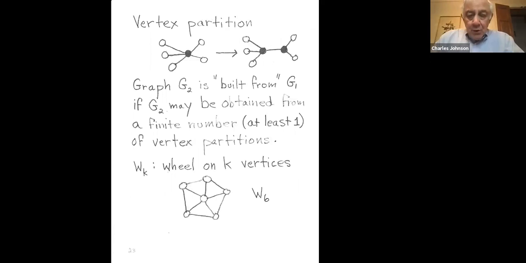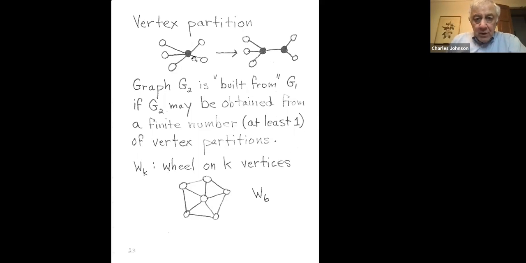Okay, in order to explain what these graphs are, I need a little bit more graph theory that I didn't want to burden you with right at the beginning, but here's the idea. If I have a graph and I identify a vertex in that graph, here I've identified the blackened vertex, then a vertex partition is the following. I simply look at all the neighbors of my identified vertex. I partition them into two subsets, in this case, 3 and 2. And now I elongate that vertex into an edge, okay?